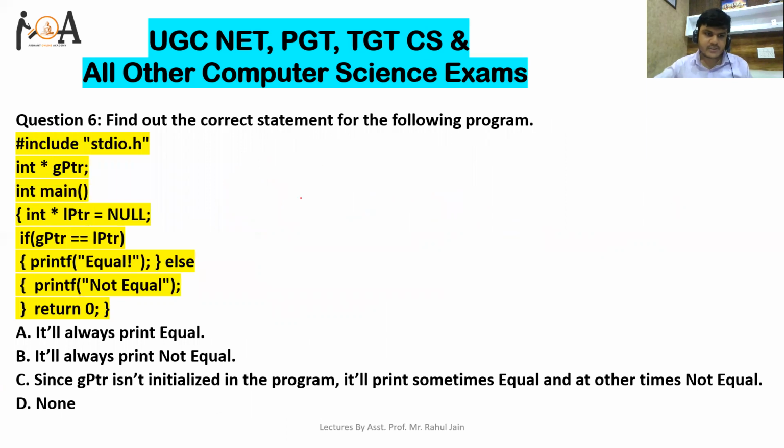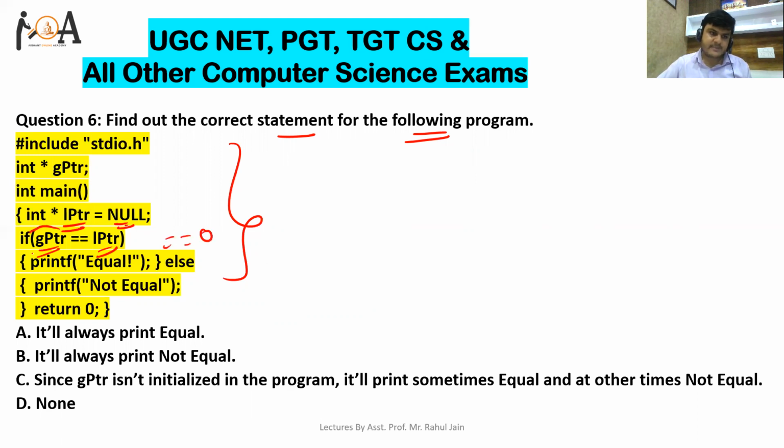Let's see the next question. Find out the correct statement for the following program. The following program is like that. Which is the correct statement? If you will see int *lptr = NULL. Now the if condition is checking here, if gptr == lptr, lptr is itself null, okay, no problem.